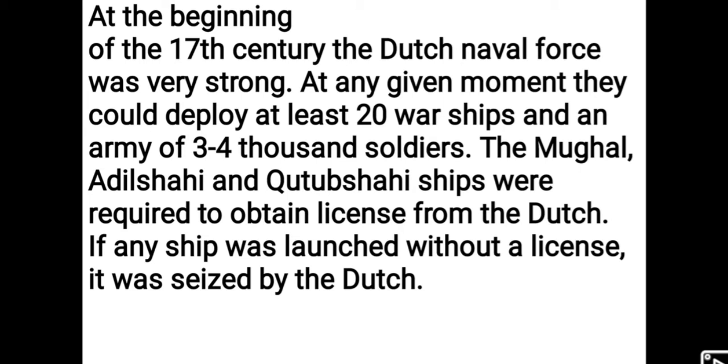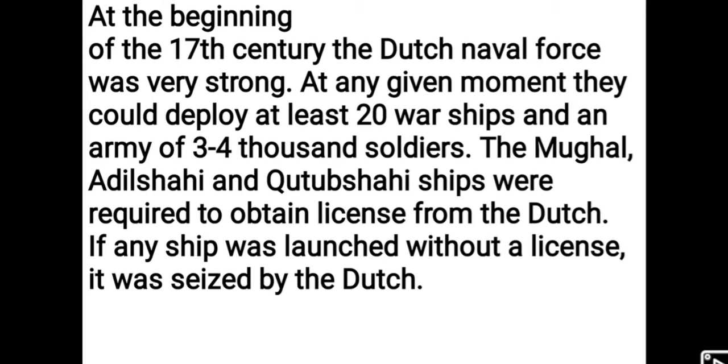3 to 4,000. It was really next to impossible for our Indian kings. Hence, the Mughal, Adil Shahi and Qutub Shahi ships were required to obtain a license from the Dutch. See, in our earlier session also, when we studied the Britishers, we saw that while doing trade via waterway, they had to take permission.